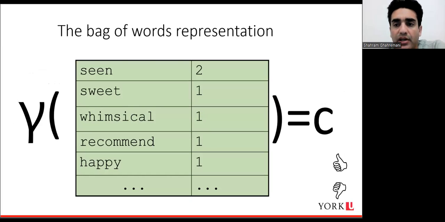The job of the classification function, we can think of it as a function gamma that takes this list of words and counts and makes a classification decision, a thumbs up or thumbs down. If we have more classes, we can map it to one or more classes. So our job is to map from this list of words and counts to some class in classification.